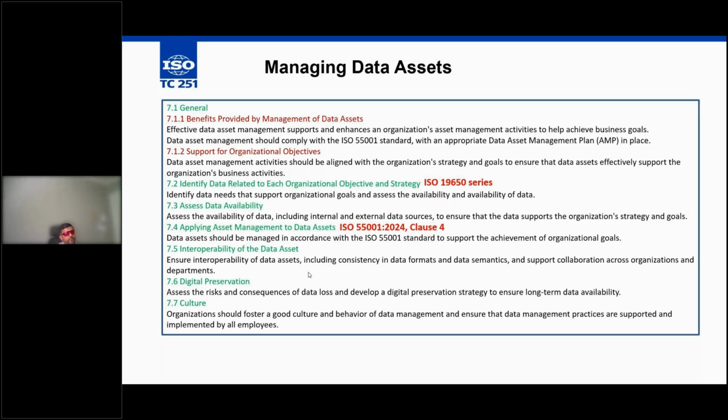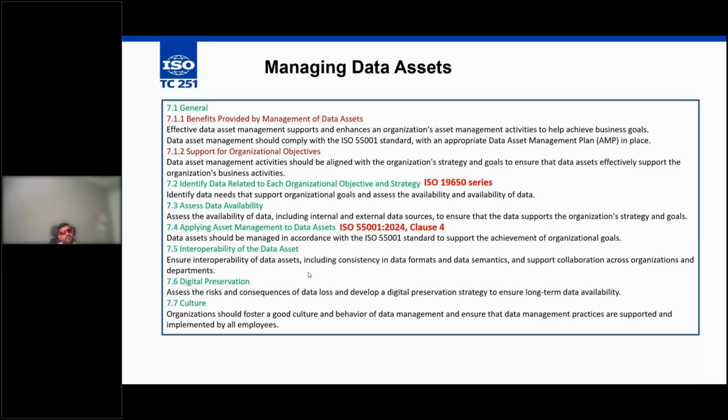It also helps with putting a data asset management plan in place. As we know, we're talking about data as an asset. Now the principles of asset management and ISO 55001 can be applied to the data once it is treated as an asset, which means you could have a SAMP and an AMP that focuses primarily on data, and that's what we recommend in the standard: that an organization develops a SAMP and an AMP focused on data as part of the overall asset management system.